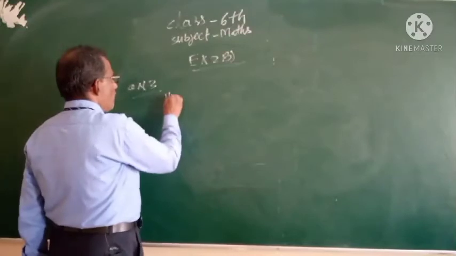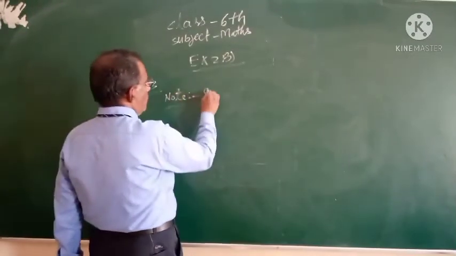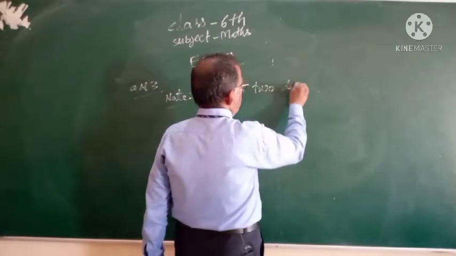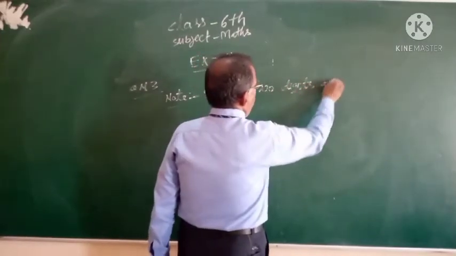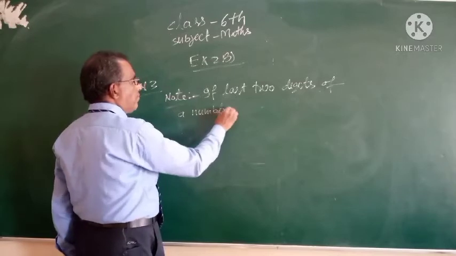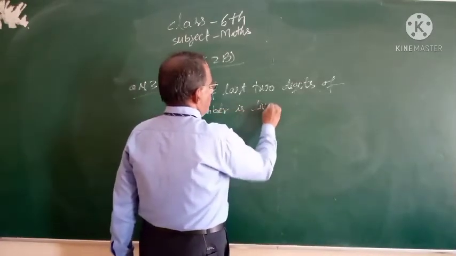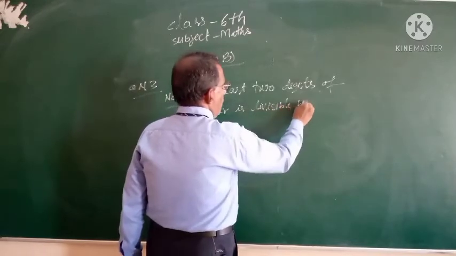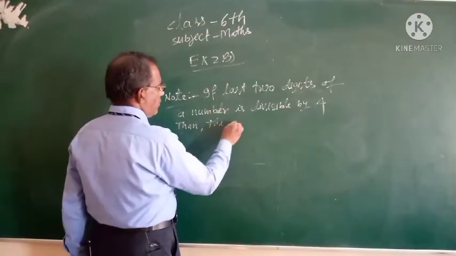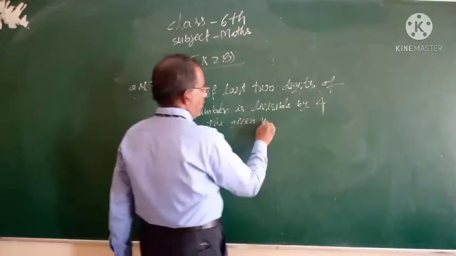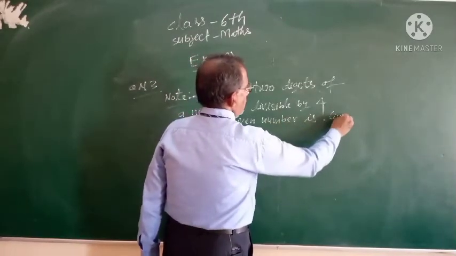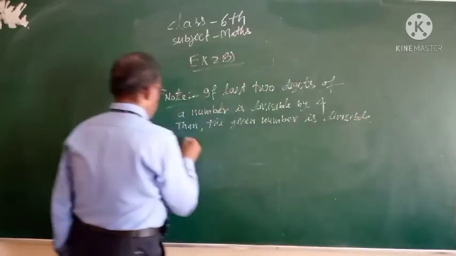Note, if the last 2 digits of a number are divisible by 4, then the given number is divisible by 4.